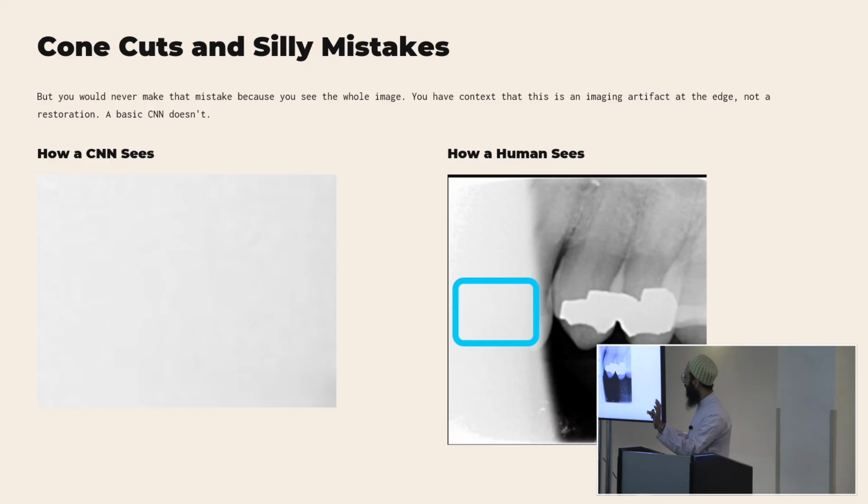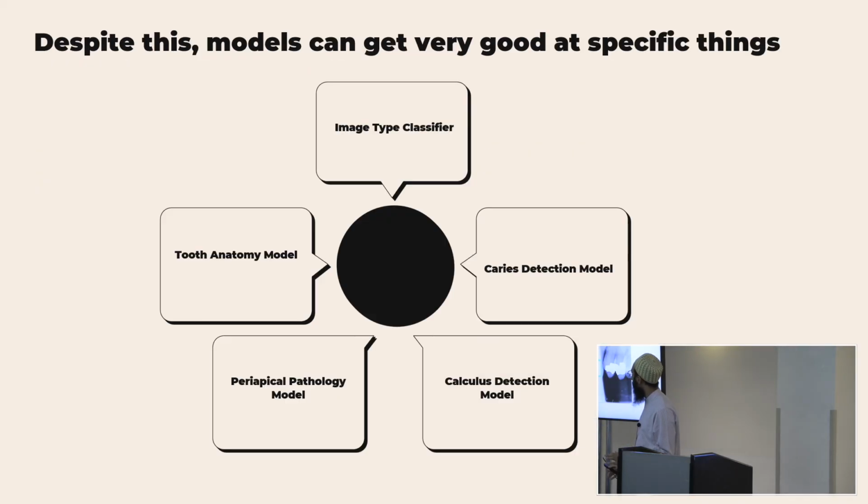Sorry, before I go there, despite that, they're very, very good at noticing slight differences in pixels because they're trained at such a small pixel level. They can often notice differences in pixels that humans can't. But if you try to tell them to do multiple things, they kind of mess up, right?